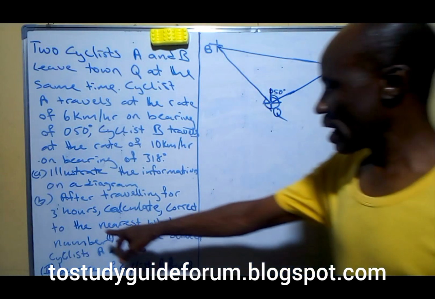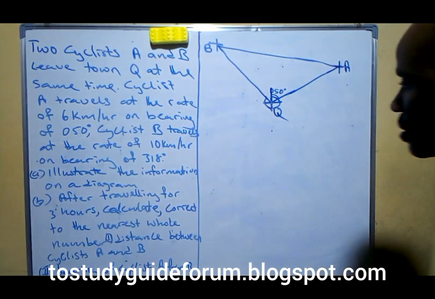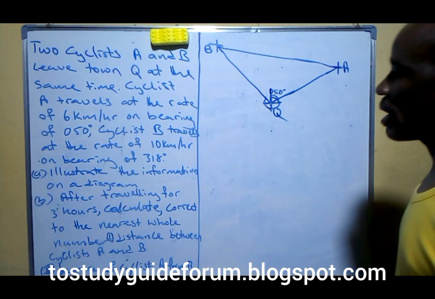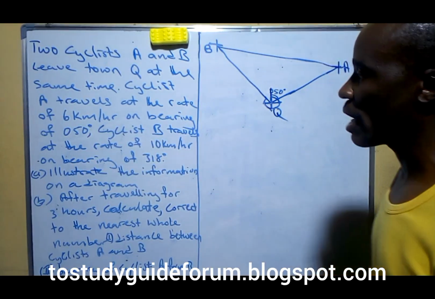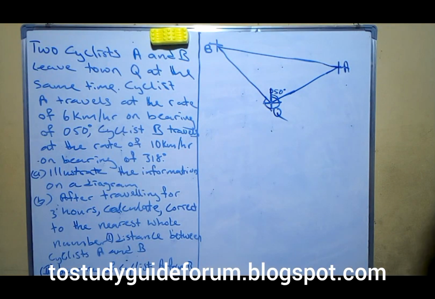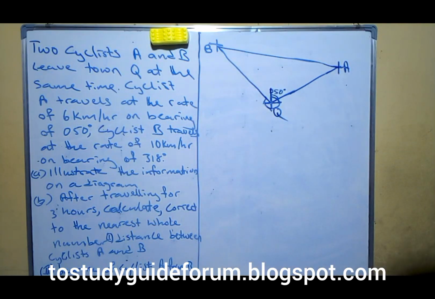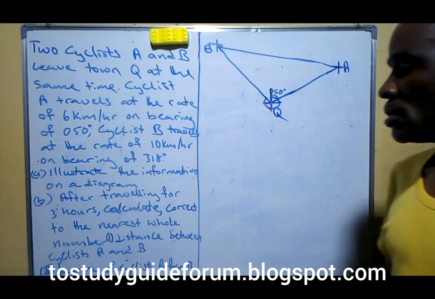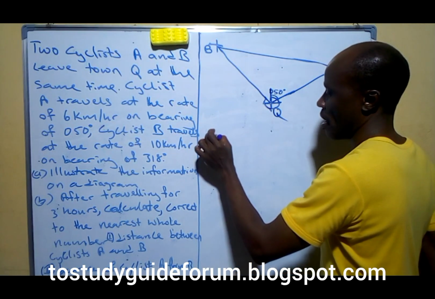Now, after traveling for 3 hours, if you look at it, the speed is 6 km per hour. That means we can get the distance of A and the distance of B. Remember we have speed.